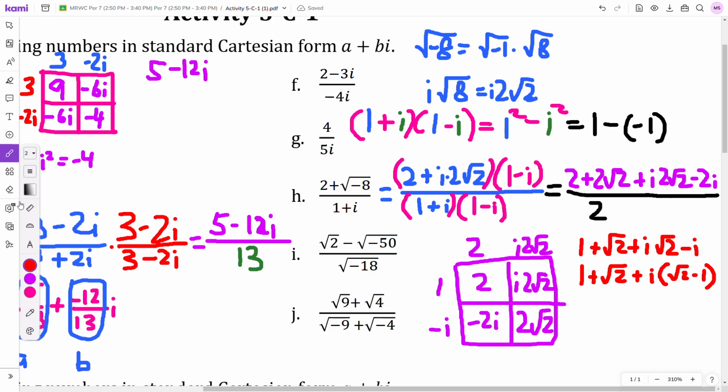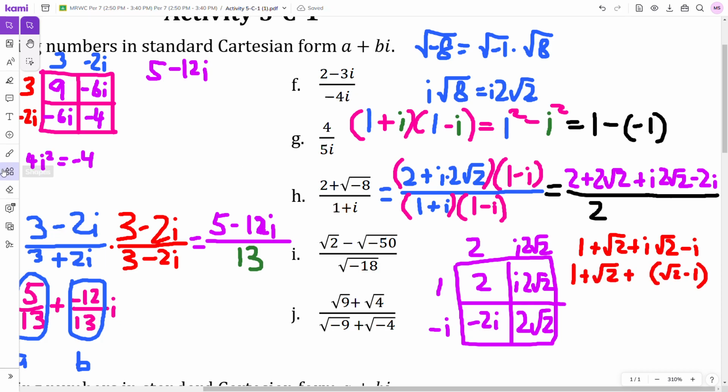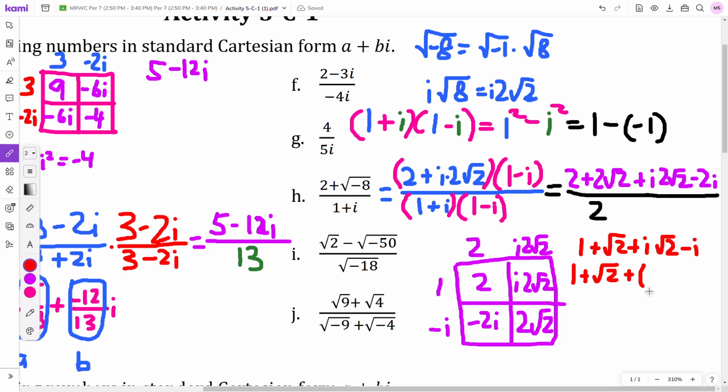And if you want, I suppose we could, no, it doesn't want to work. How about that?